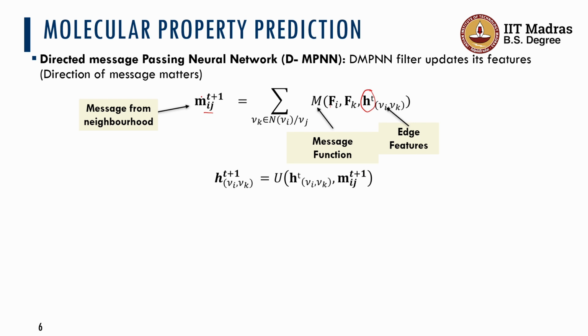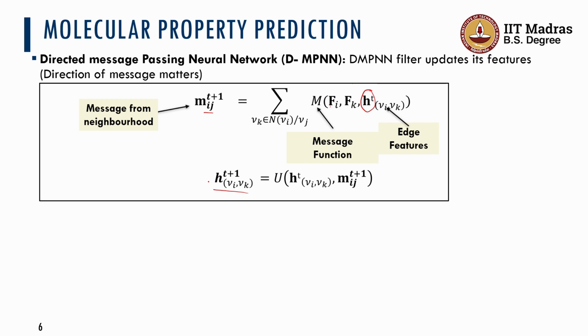Once it has it, it will update the feature vector for the edge, which is, you can see, h^t becoming h^(t+1).